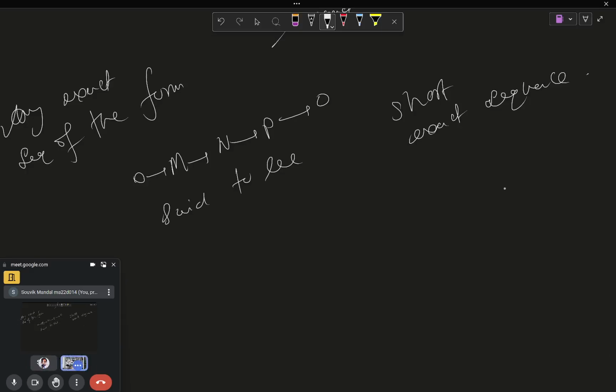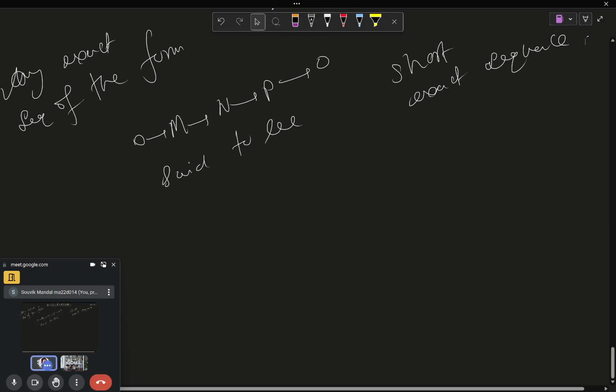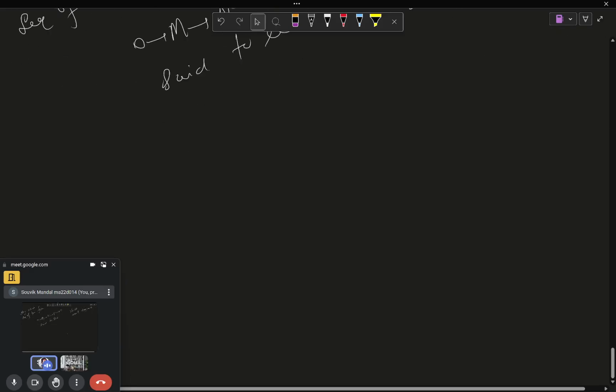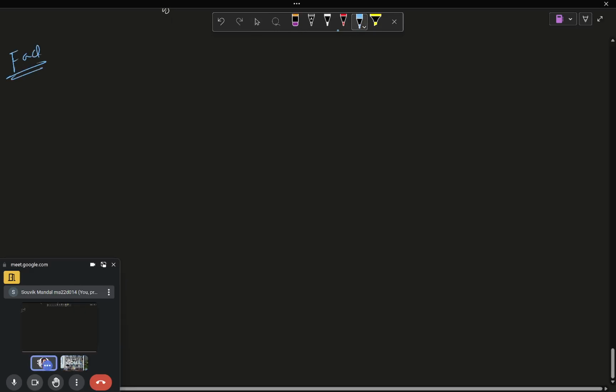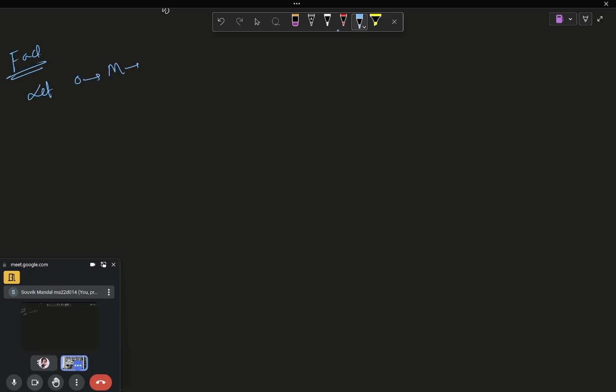Now there are some facts connected to tensor product. So let this be an exact sequence.